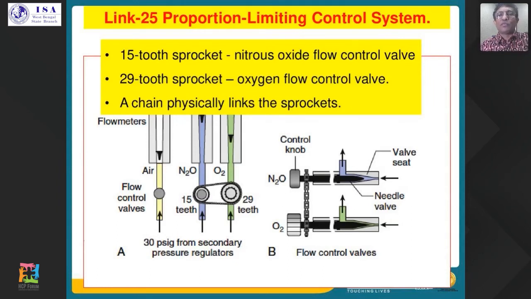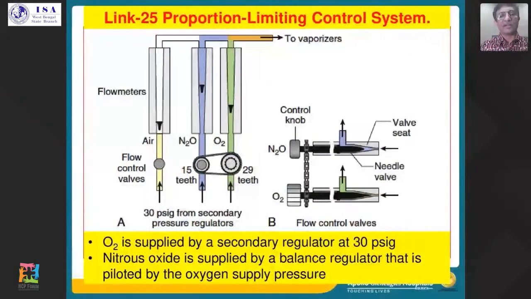So if you move nitrous through one rotation, oxygen will automatically rotate through two rotations. Or rather, it will take one rotation for every two rotations of the nitrous. So there will have to be 1/3 of the gas that has to come from an oxygen source when you are putting in nitrous oxide.